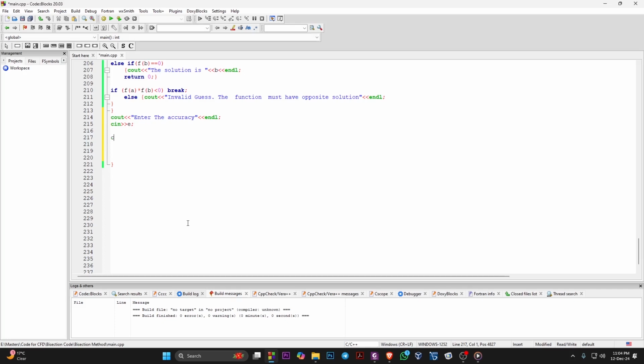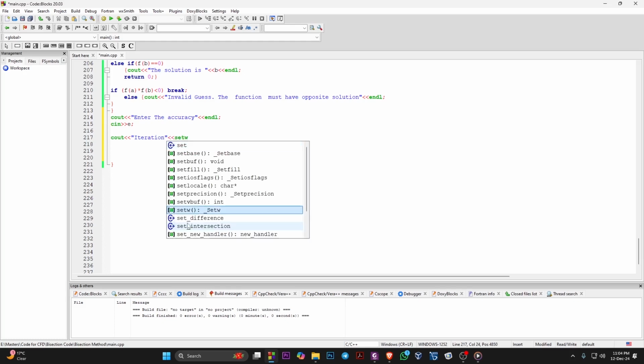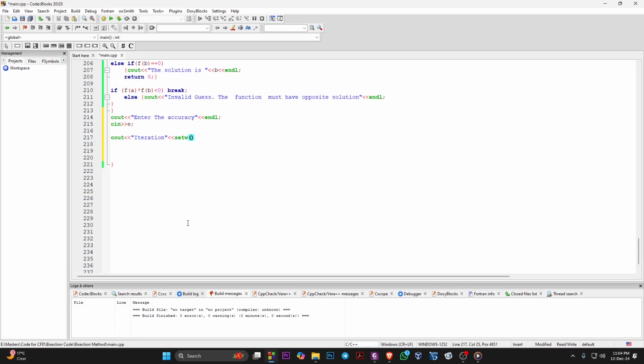Now I want to get into the main problem, so I just add something like this. I want iterations, set w 10. Okay, I think 10 is okay.